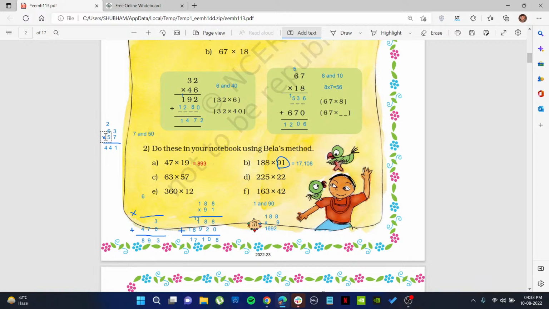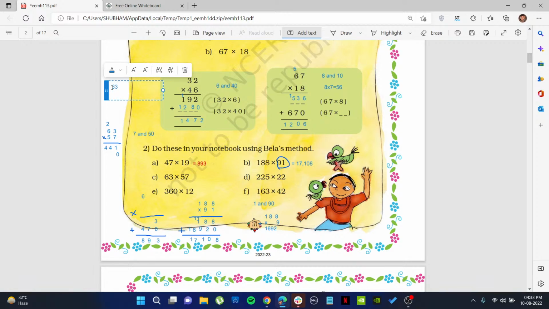So after multiplying 63 with the 7, we need to multiply it by 50. As we are multiplying it by 50, we can see that at the end of it there is a 0. So it means that for sure the last number here would be 0. So as we have written down this 0, we are left with this 5. So therefore we need to multiply 63 with this 5.